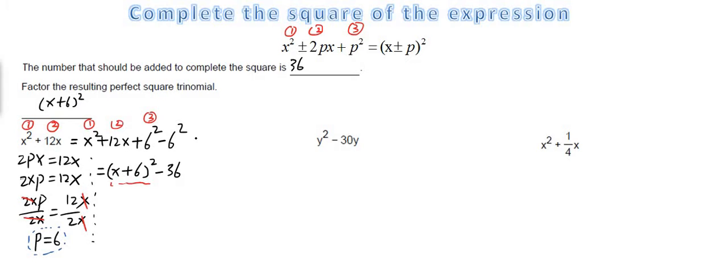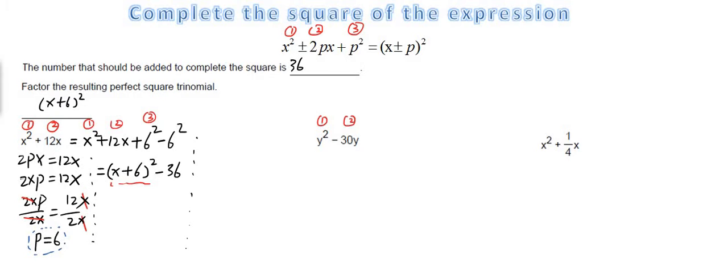Now let's take a look at the second example. For the second example, we have y squared minus 30y. Again, we're gonna focus on the first two terms. Here was an x, here's a y, so we can change the x to the y.